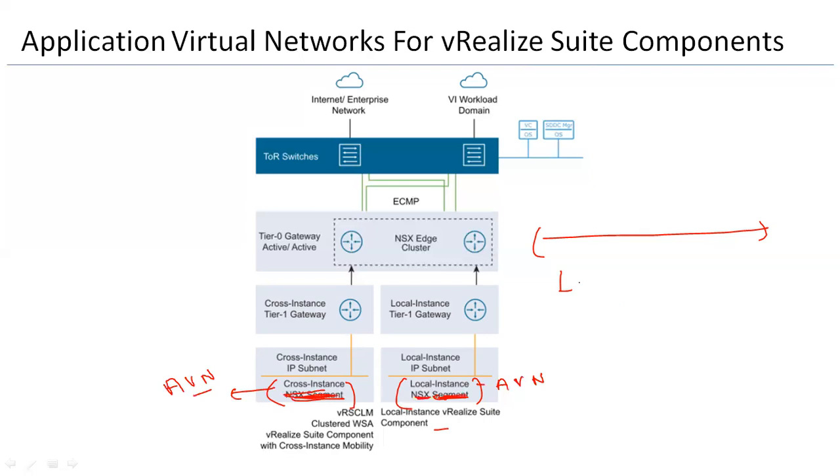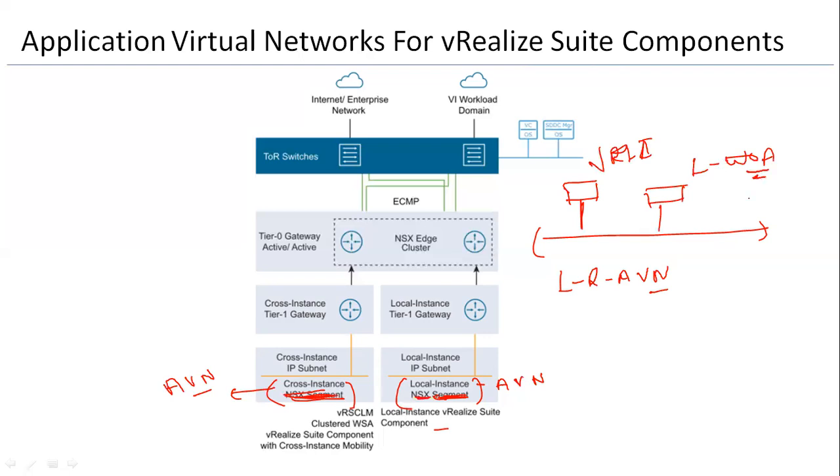So the local region AVN is preferable just for the local components of ARIA Suite. What are the local components? It is the ARIA Suite Lifecycle Manager that we deploy locally for each VCF instance, the local workspace one, or what we refer to as the standalone Workspace ONE, or any kind of proxy or collector, such as the VROps proxy or VROps collector.